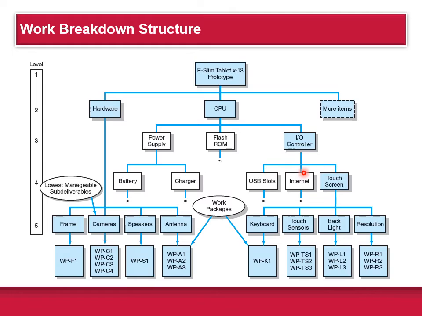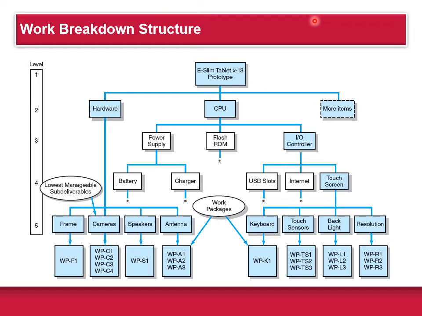Looking at this work breakdown structure, you can see level 2 indicates there are basically two major deliverables, hardware and CPU, and there are some other ones that are not listed here, so you actually have 3 here: hardware, CPU, and some other items.